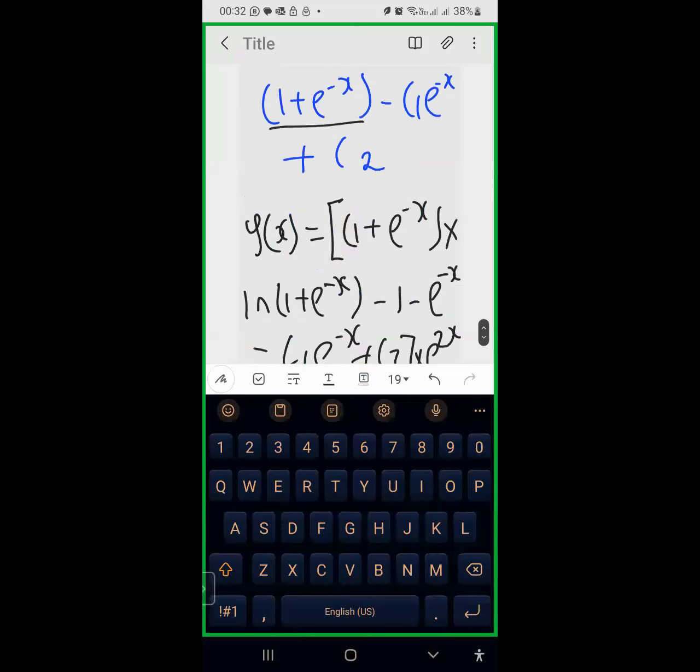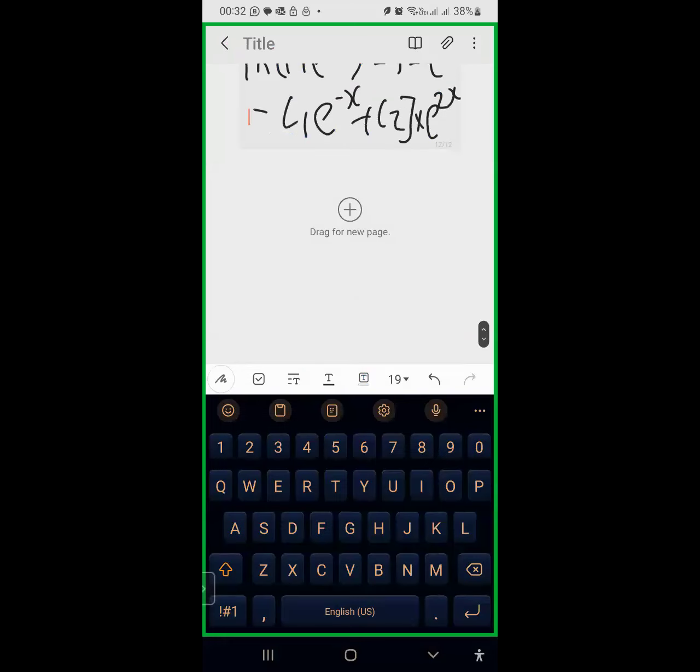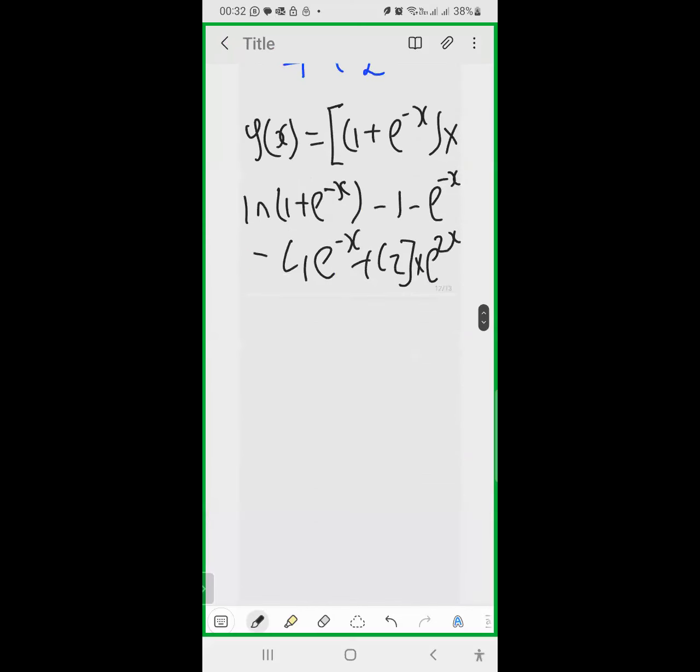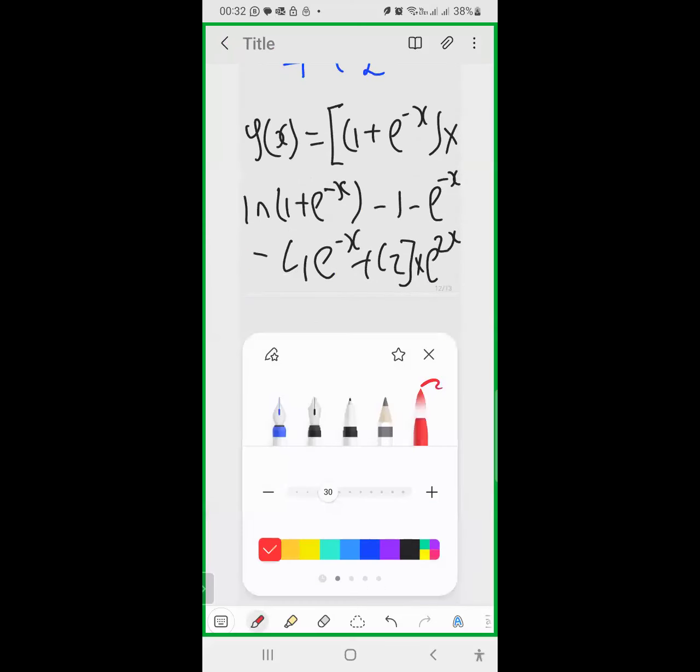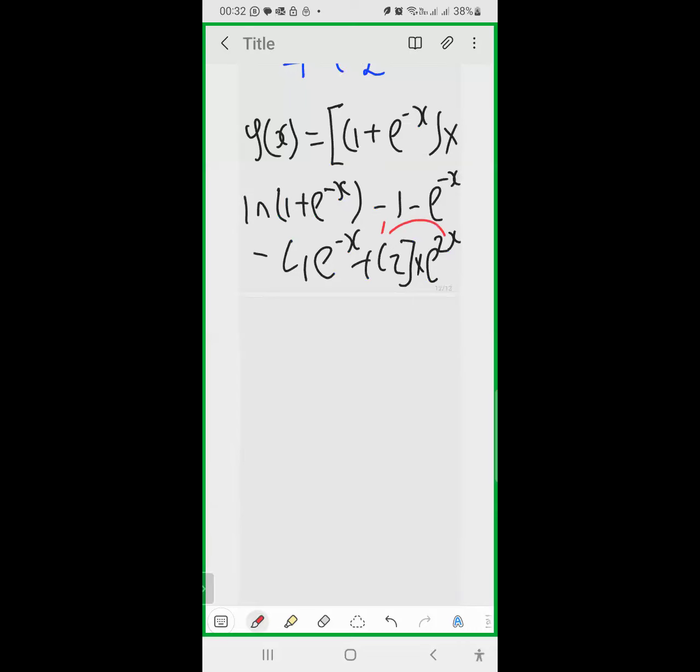Therefore, we can simplify the general solution by multiplying e to the power 2x by every term inside the brackets.